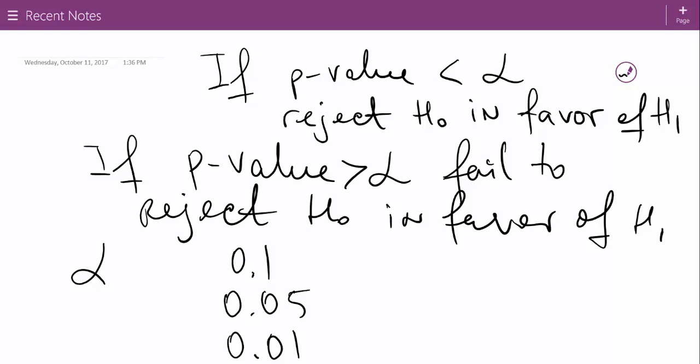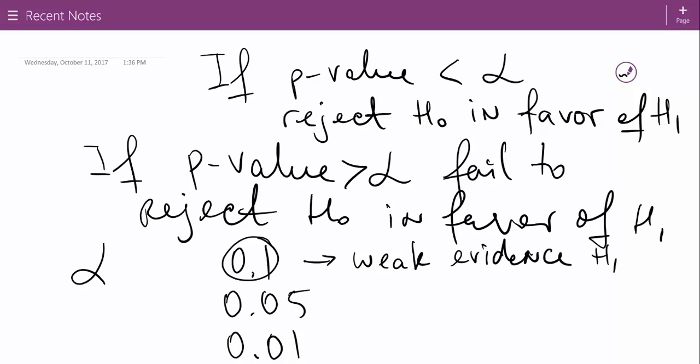So, let's discuss what the differences are. 0.1 is considered to be a weak test, so this is weak evidence to support H1. Why is that? If my p-value is relatively high, for example 0.08, 8%, then I will reject the null.